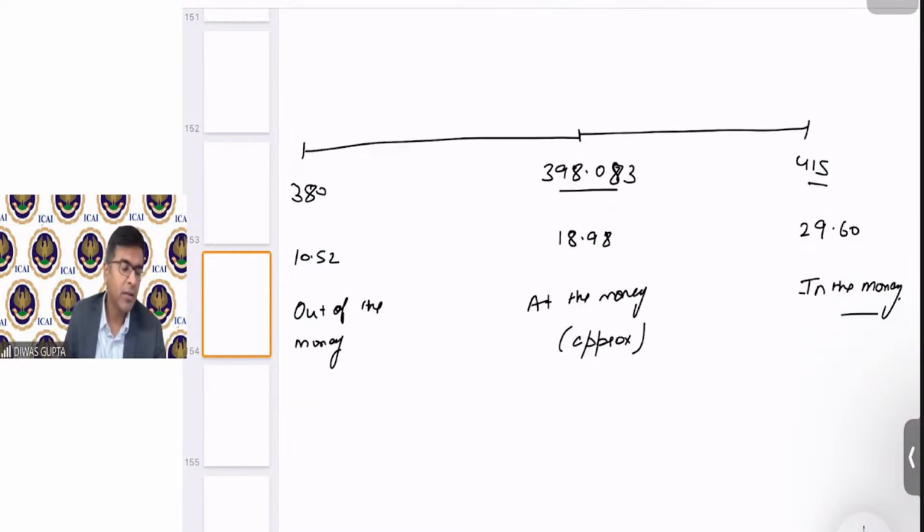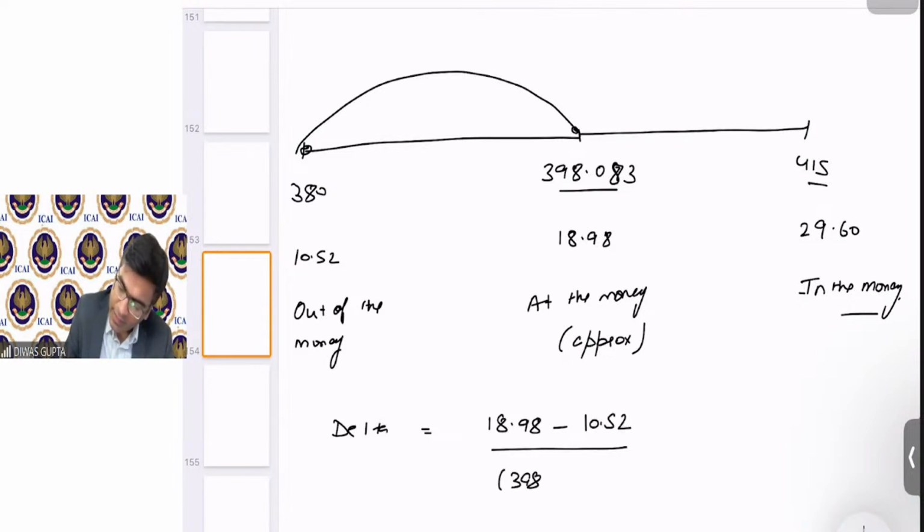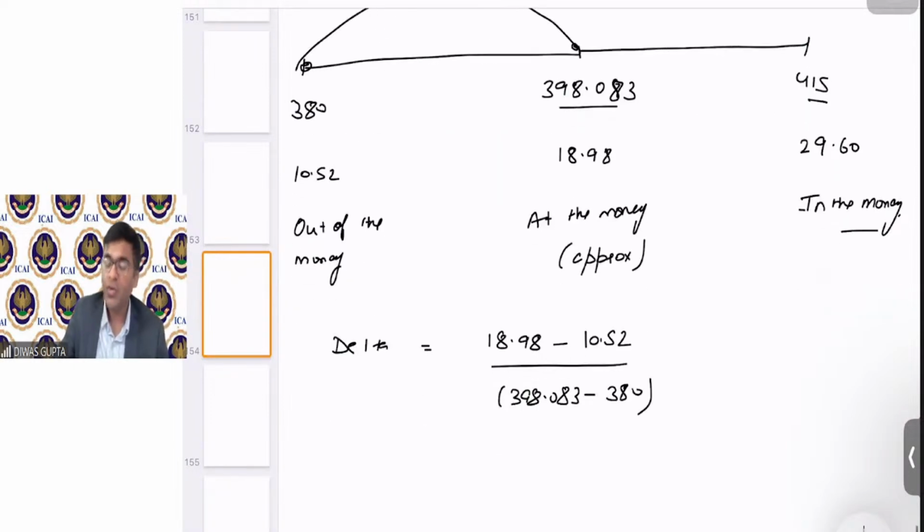Now, delta for the first movement from 380 to 398: if we calculate the delta, it becomes 18.98 minus 10.52 divided by 398.083 minus 380. So delta means for every 1 rupee change in spot price, what is the change in the value of a call option? How will it move? So it becomes 0.4687. Correct?